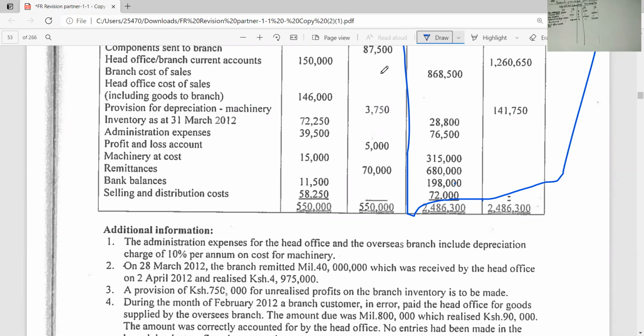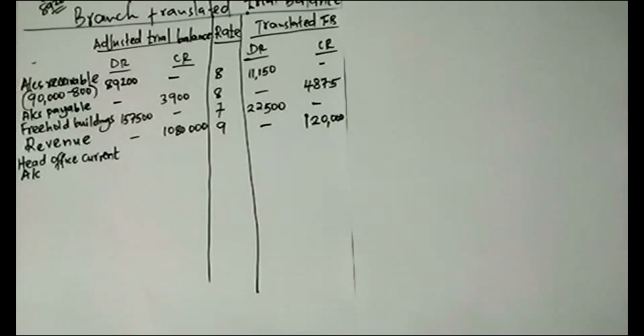What I will subtract is note 5, the amount which was paid by the customer in error to the Adobe's, for which the Adobe's had made the relevant adjustments, but the branch had not. Remember the first area where we subtracted was under debtors. We reduced our debtors because the amount has already been paid. And the other account is the mirror account, the Adobe's current account maintained by the branch, while the Adobe's maintains the branch current account, so that they can communicate and the Adobe's can oversee the transactions of the branch.